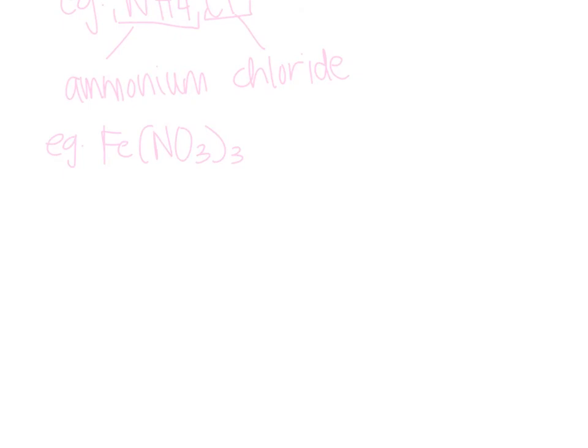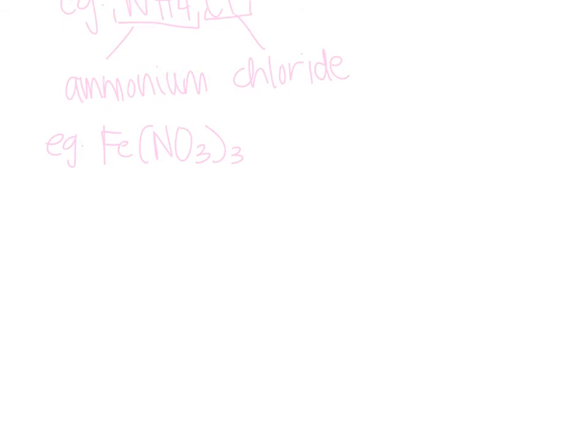Okay. So this one is tricky for a few reasons, but the main one is that Fe is a group B ion, and group B ions are confusing and complicated because they can form multiple ions depending on their charge.